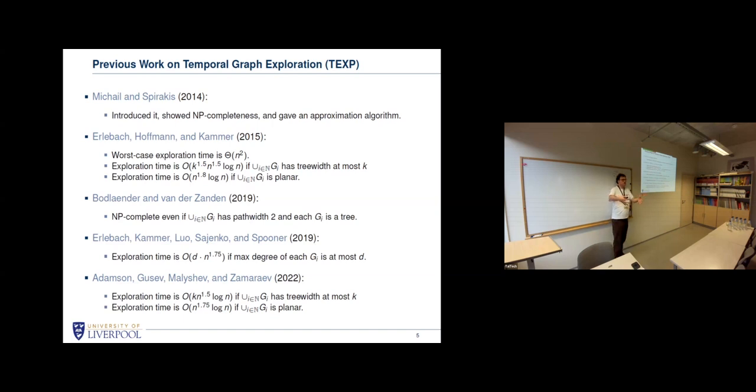Say you have some subclass of temporal graphs, just working out the worst case bound on the length of the exploration walk is quite a tricky problem. You've essentially got a real combinatorial explosion of all possible walks, so it's a huge number of temporal graphs.